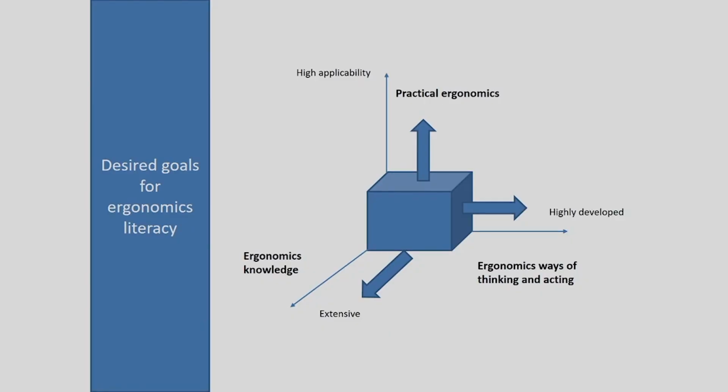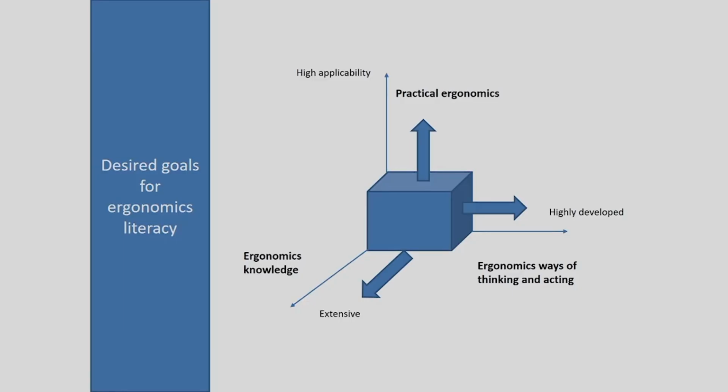So, this is the second domain. The third domain is ergonomics way of thinking and acting. So, training, modification, implementation and all those things will come into the picture here, which is highly developed. So, you need to develop products, you need to develop services, you need to develop systems and so on. Okay. So, these are the three major directions your ergonomics research can go in.